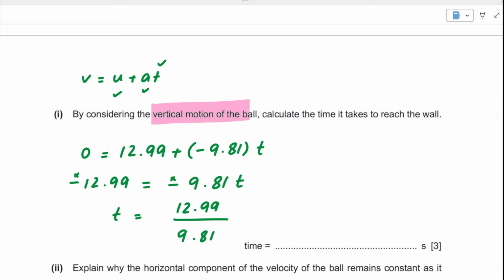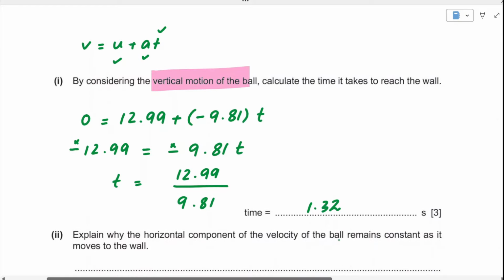So what you get is 1.32. And in 3SF you get 1.32. This is how you solve this one. 3 marks, but very easy. And as a matter of fact, you have to use a single equation, but it is for 3 marks because you need to know the concept of components of vectors.